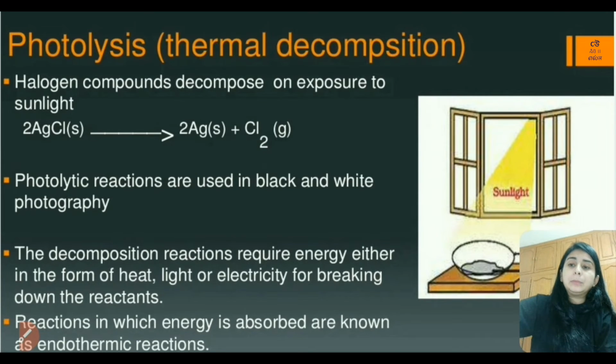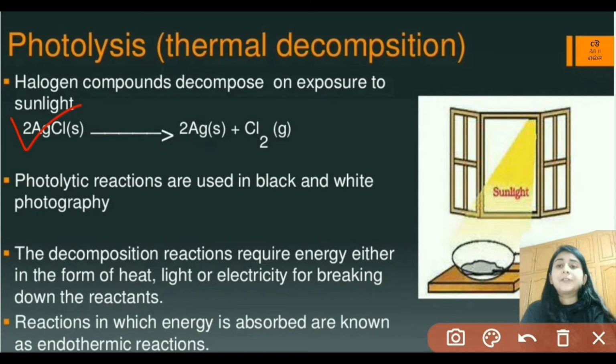Example of this could be when silver chloride receives some amount of heat or sunlight, it will decompose to form silver as well as chlorine. So they are saying that photolytic reactions are used in black and white photography.